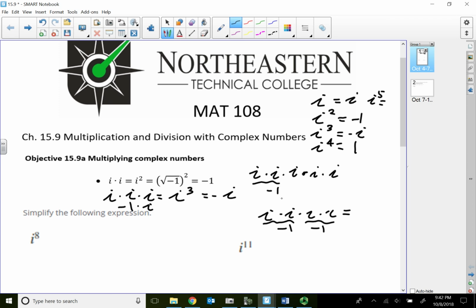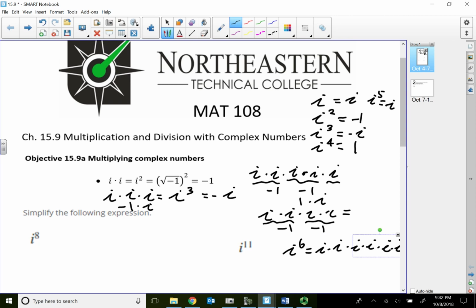The first two is -1, the next two is -1, so -1 times -1 is +1, times the fifth i. 1 times i is still i. So what about i to the sixth power? i times i, 1, 2, 3, 4, 5, 6.